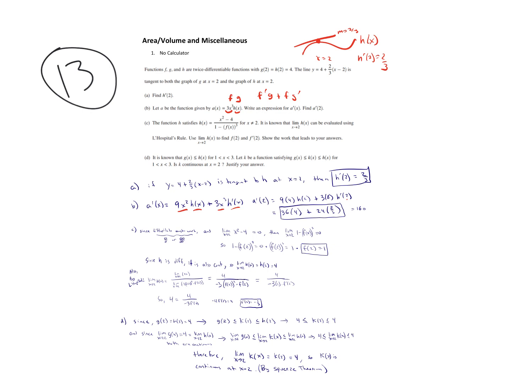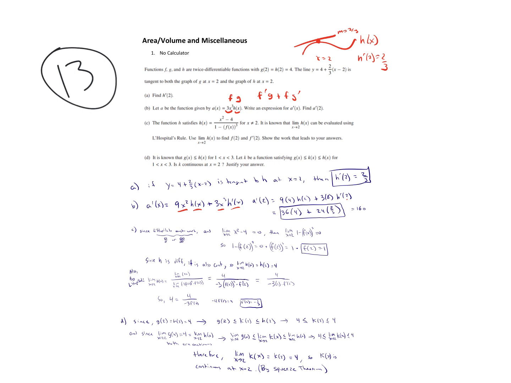So in this problem, we're given three functions. F, G, and H are twice differentiable. That means they're also continuous, and their derivatives are continuous. And then we're told G of 2 and H of 2 are 4. We're given a tangent line to both graphs of G and H at x equals 2.